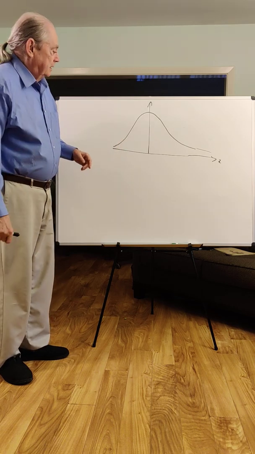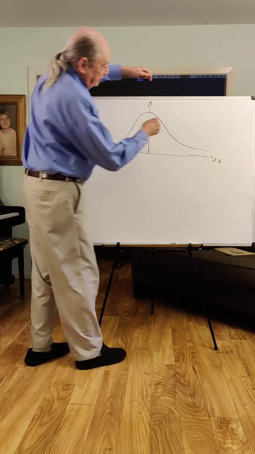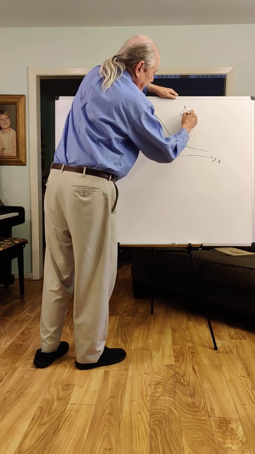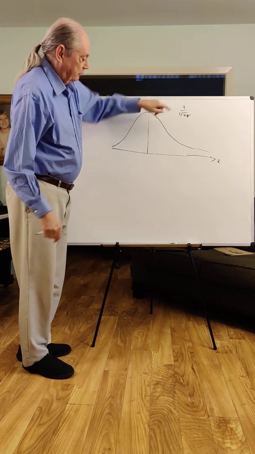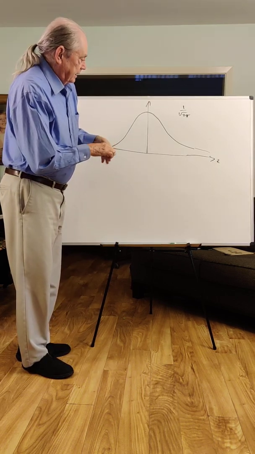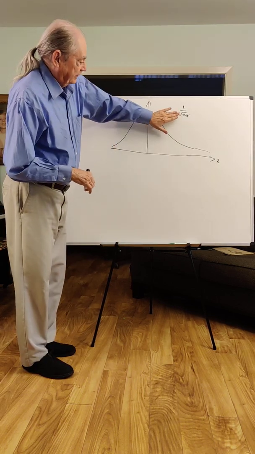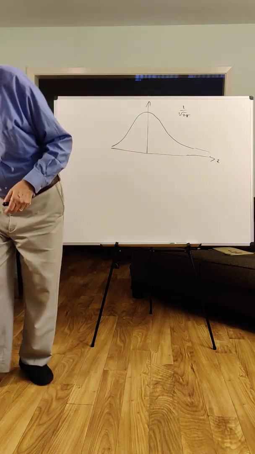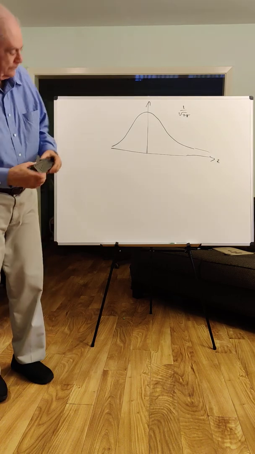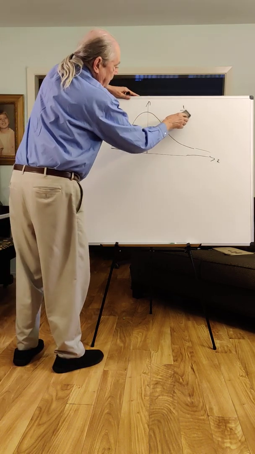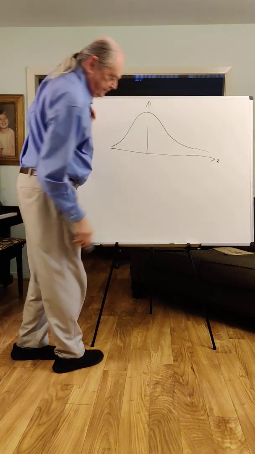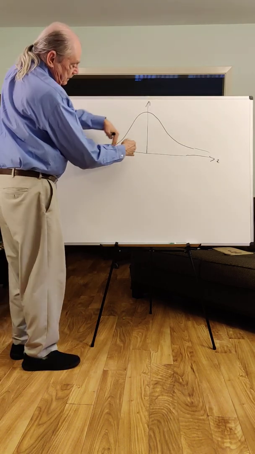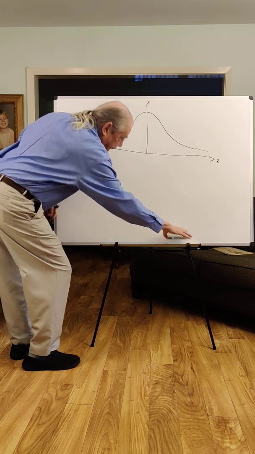You remember there was a funny looking constant in front of the formula for the standard normal curve, 1 over square root of 2 pi. That's a fudge factor to adjust things so the area under the curve will be 1.